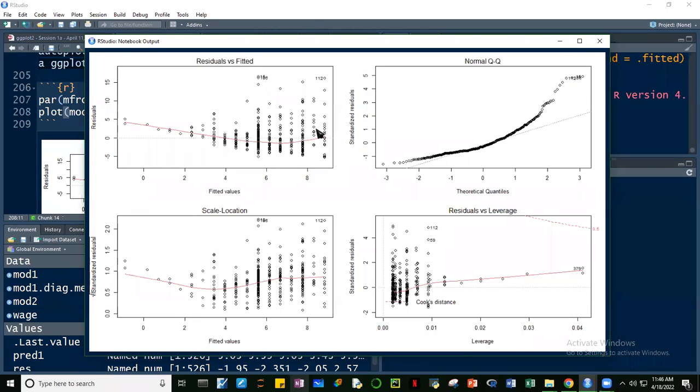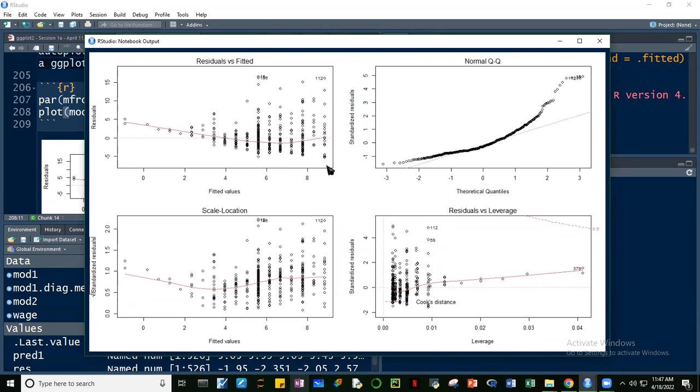So sabi natin, dapat, pag prinat natin yung residuals, homoscedastic dapat yung error terms natin. When we say homoscedastic, it means that the variance should be constant. Ito guys, when you take a look at this, for example, at this level ng fitted values natin, ito lang yung variance. Pero as we move towards the right of your fitted values, nagbabago na yung variance niya.